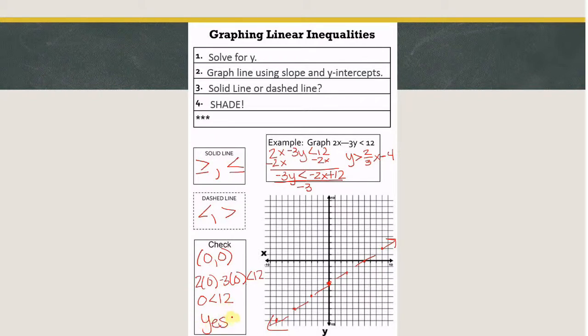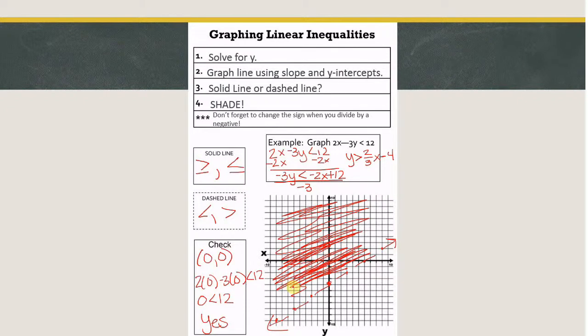So if this is a true statement, if you get a yes here, you are going to shade on the side of 0, 0. 0, 0 worked. So we find 0, 0, and on that side of the line, you're going to scribble. That tells you that on this side of the line is where my solutions lie.